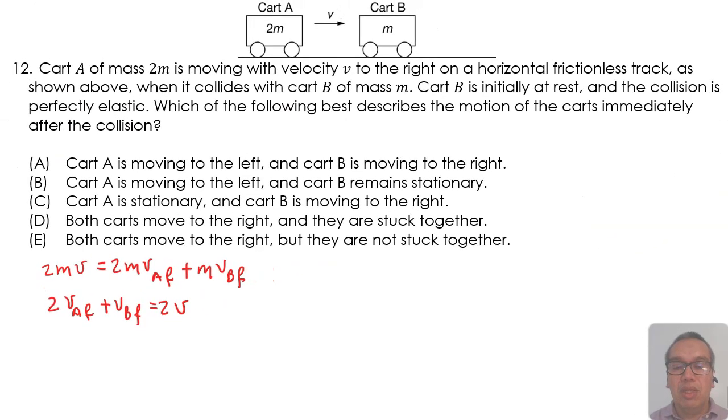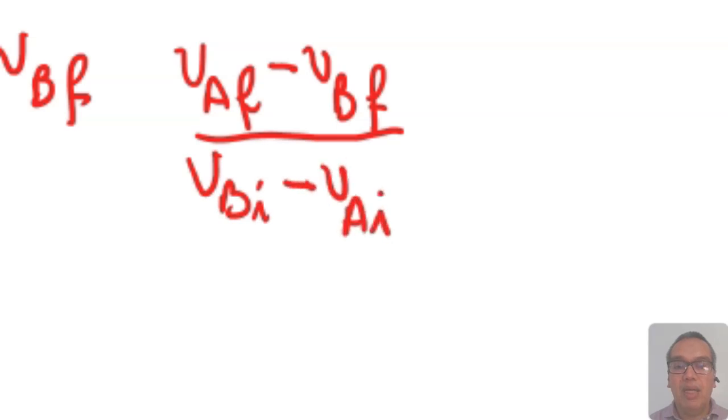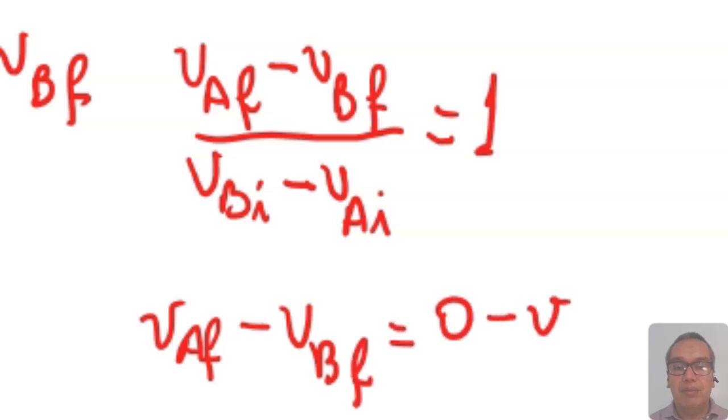Also, because the collision is elastic, the coefficient of restitution is 1. So (VAF minus VBF) over (VBI minus VAI) is equal to 1. Therefore, VAF minus VBF is equal to 0 minus v.